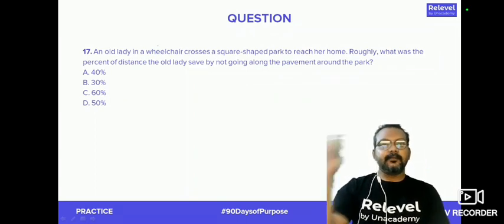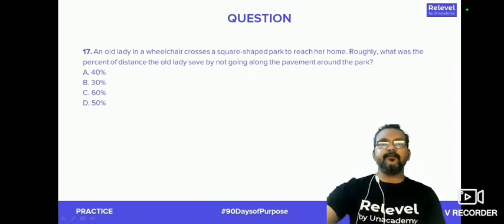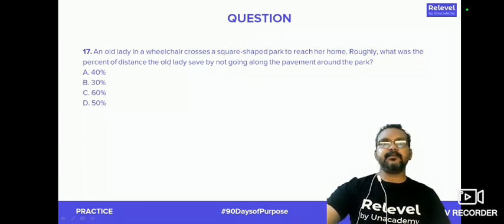Number 17. A lady in a wheelchair crosses a square-shaped park to reach her home. What was the percent of the distance the old lady saves by not going along the pavement around the park?